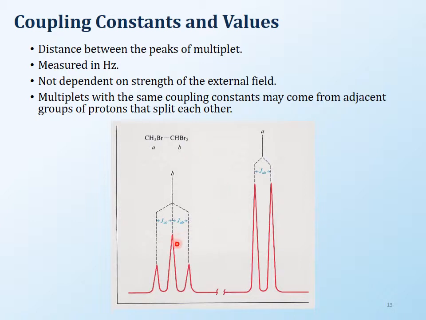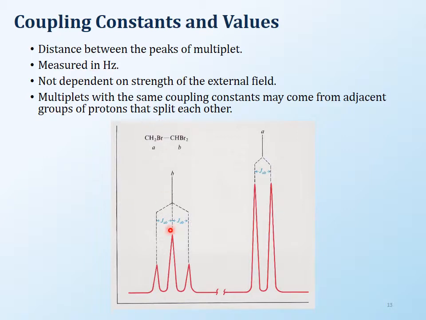So when you look at that triplet and that doublet in an NMR spectrum, the distance between the 2 peaks that are splitting will be exactly the same. So J, that is called the coupling constant. JAB over here is going to be the same as the JAB over here. So it's not the distance between end to end, it's actually the distance between each of the splittings. This is usually measured in hertz because now we're getting into very small numbers.